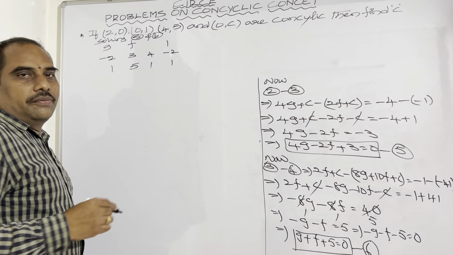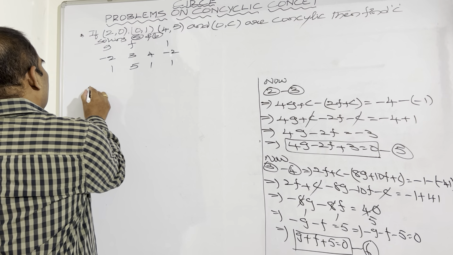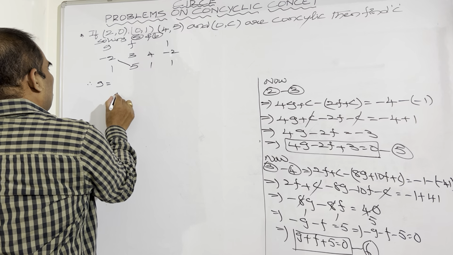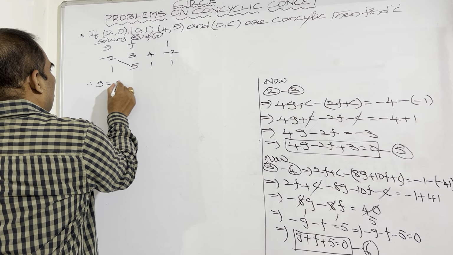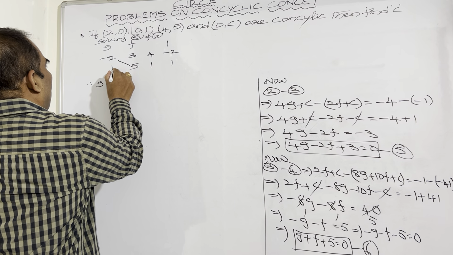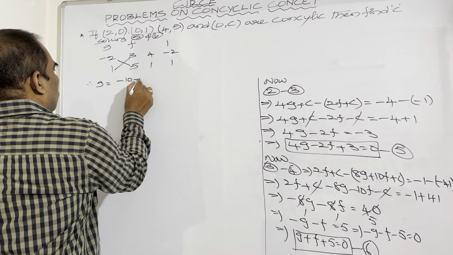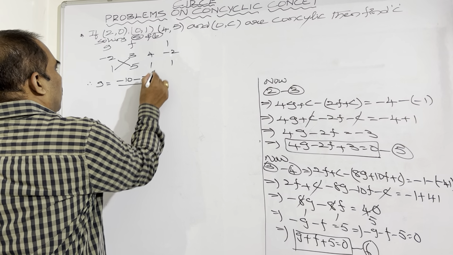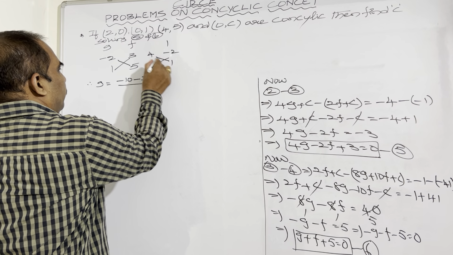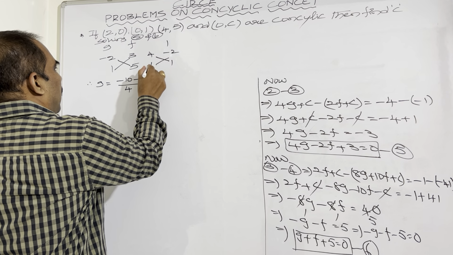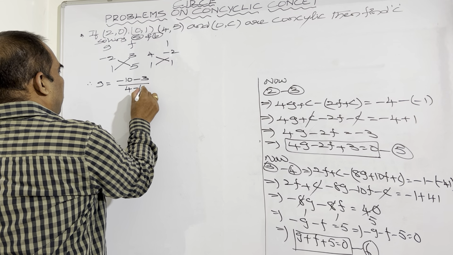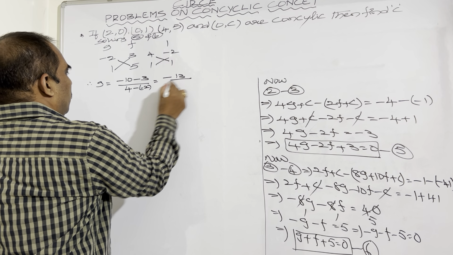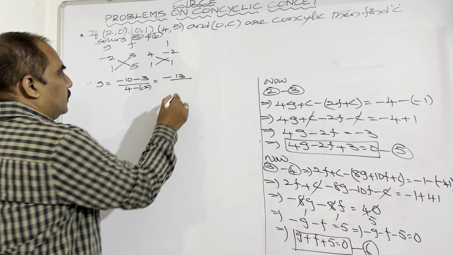Therefore g is equal to, multiplying these two, minus 2 into 5, that is minus 10, and here 1 into 3, so immediately put minus 3, by, again these two, 4 into 1, 4, and here minus of minus 2. So g is minus 13 by 4 plus 2, that is 6.